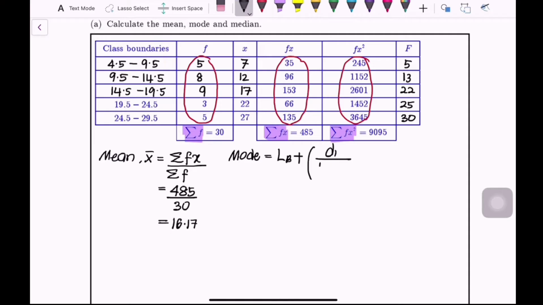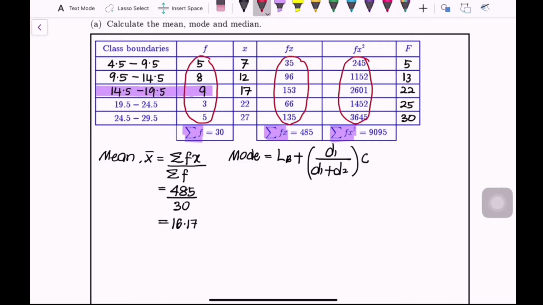Then to determine the mode, we use the formula LB plus D1 over D1 plus D2, times C. Before we substitute the values of LB, D1 and C, we try to find the modal class. The highest frequency is 9. So this one is the modal class.